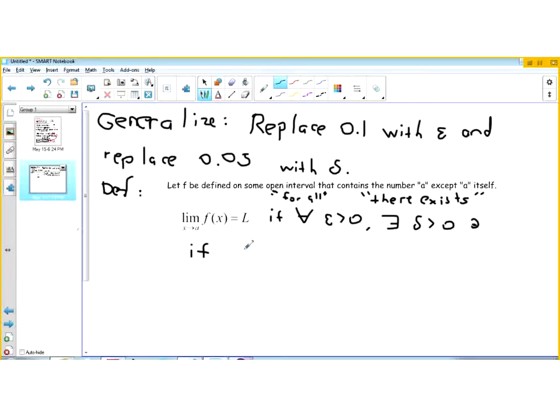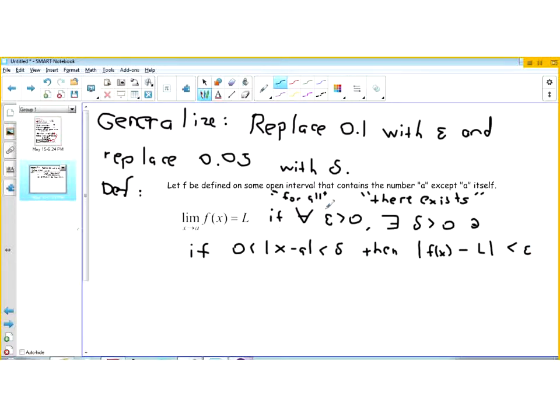Such that if the distance from a is less than delta, then the distance from output L is less than epsilon.